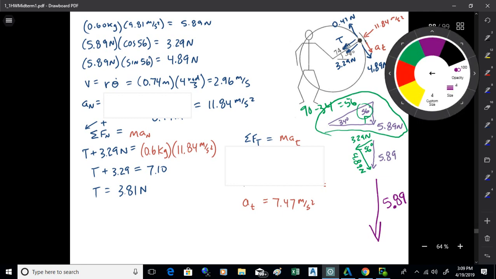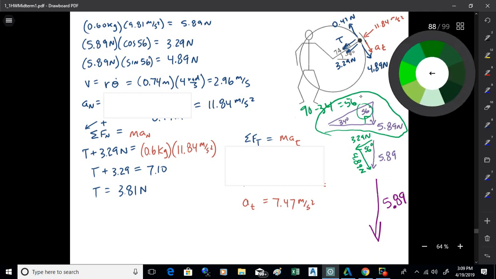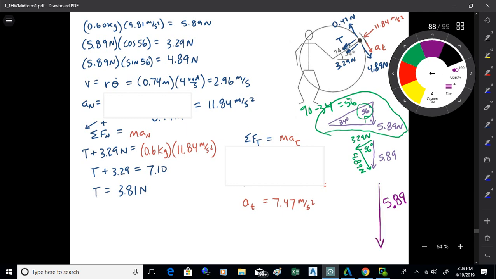And then I would want to put in the normal and tangential sides on that, knowing that the weight is the hypotenuse. So when you're coming up with these vector triangles, it's important to know what the hypotenuse of the triangle is, because that'll change how you configure the triangle. So I want that weight to be the hypotenuse. And then I'll come up with components like this.